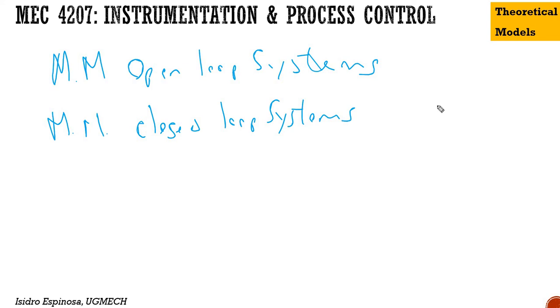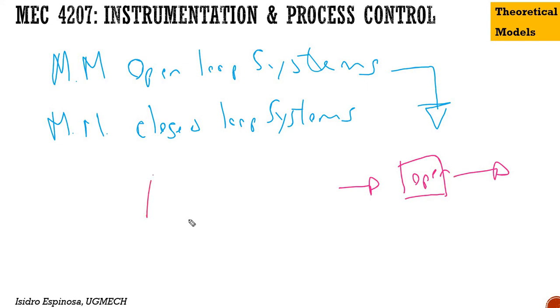And we know the difference, like, for example, in thermodynamics, when it's an open system, it's open in this way, and when it's closed, that means, related to control systems, we have the process here, but we have a closed loop.